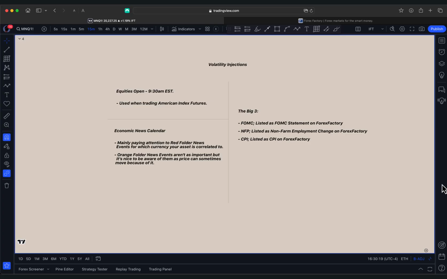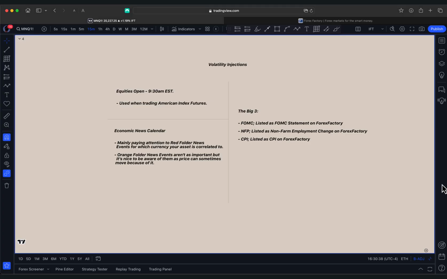Because price is moving so fast, it could fill you at a much worse price than you anticipated. So instead of losing $200 where your stop loss is, if price moves fast enough against your position, you could actually lose a lot more than $200. Let's say $800 or $1,000. So you don't want to do that.